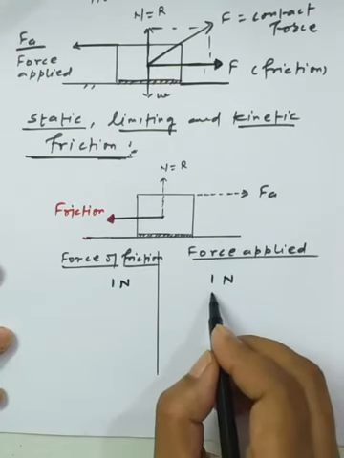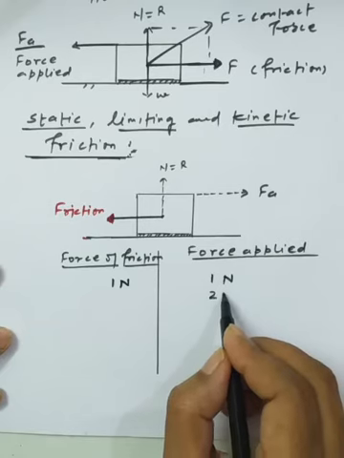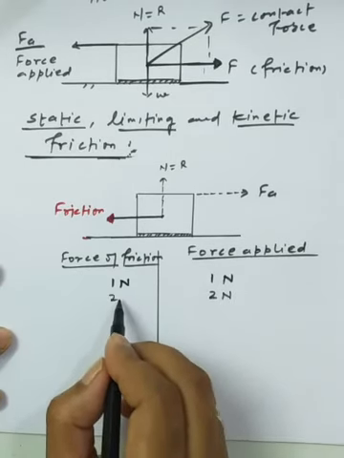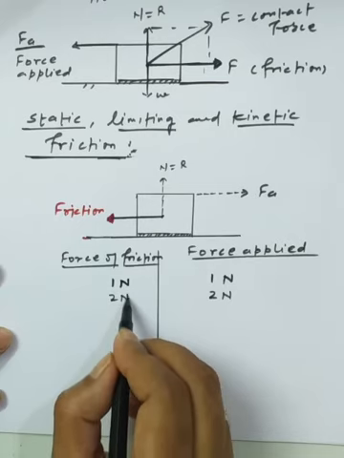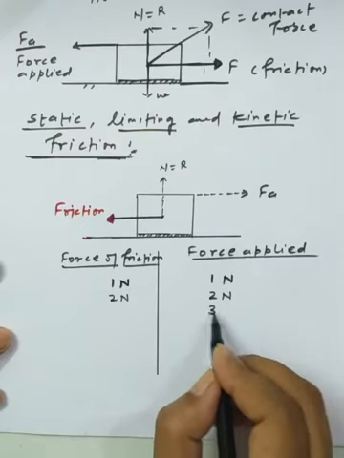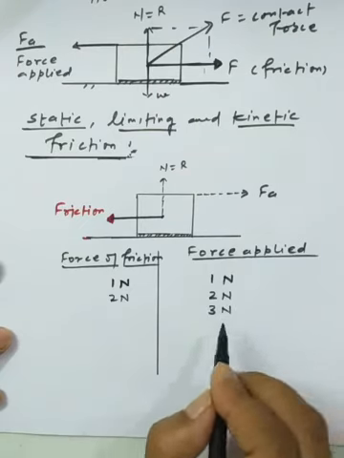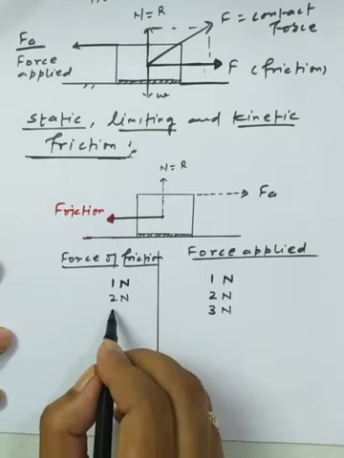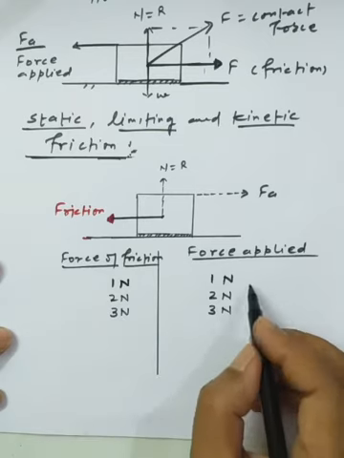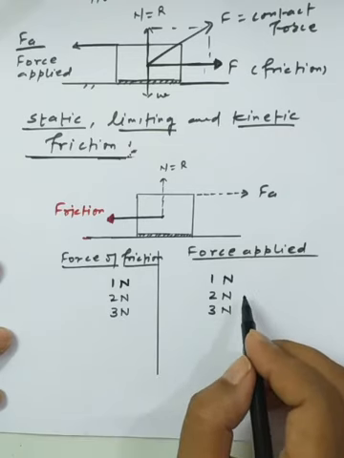Now we increase the magnitude of the applied force to 2 Newton, and suppose the surface also exerts a friction force of 2 Newton. Still we can't say that the box is moving. Now we apply a force of 3 Newton. As a result the force of friction also becomes greater, that is 3 Newton. So up to this we can say that the box is not moving.